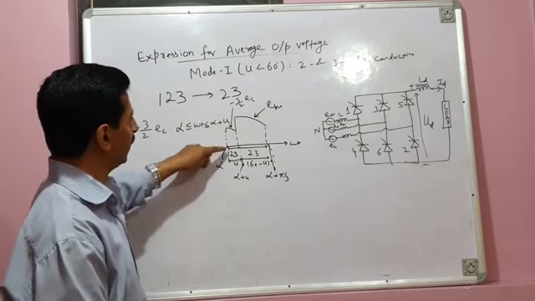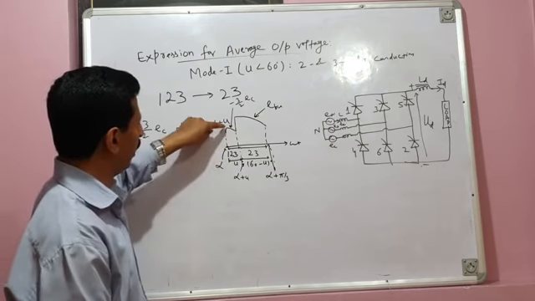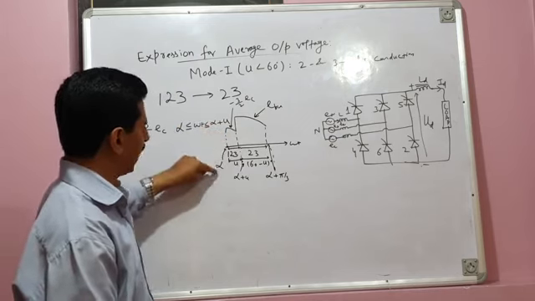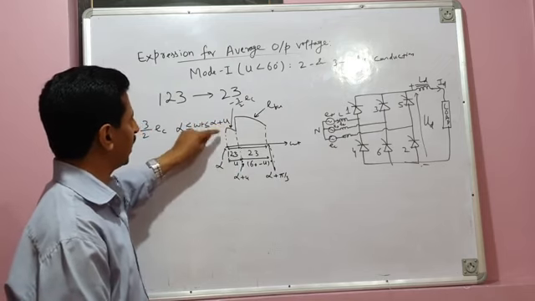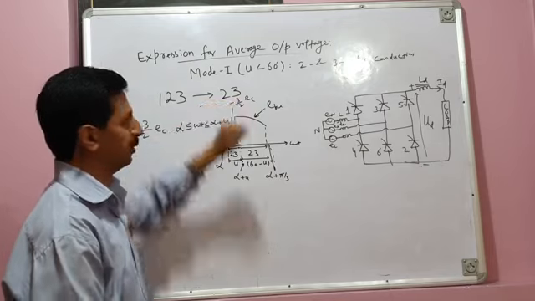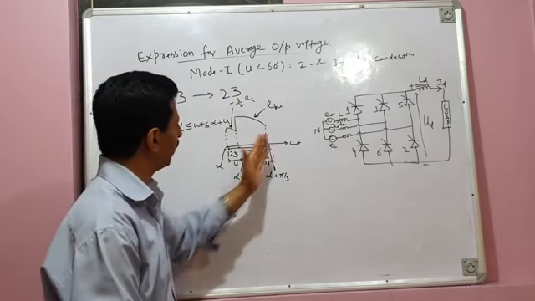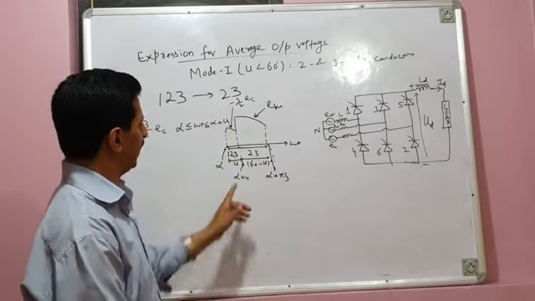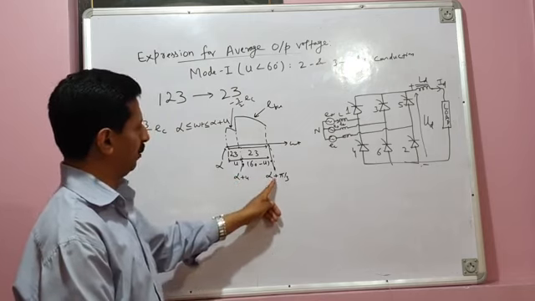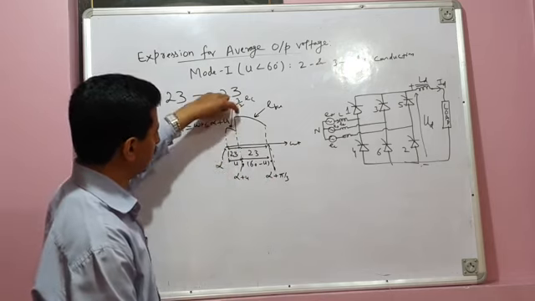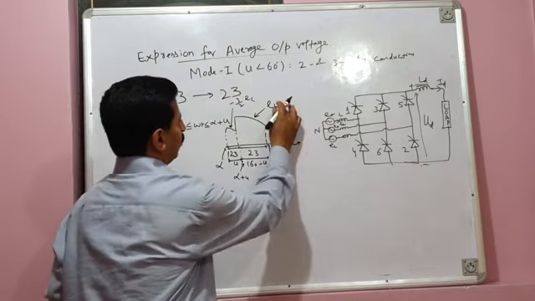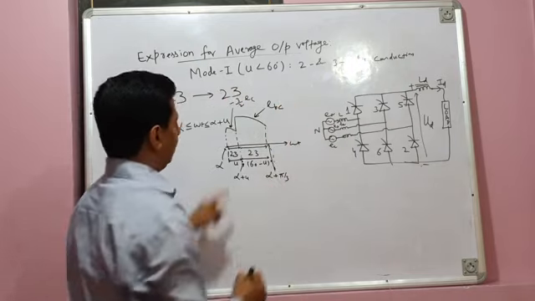So valve 3 you are firing at alpha, for U, that is alpha to alpha plus U, there is 3 valve conduction, 1, 2, 3 are conducting, and your load voltage is minus 3 by 2 EC. And for the rest of the period, that is 60 minus U degrees, from alpha plus U to alpha plus pi by 3, your output voltage is equal to line segment EBC.